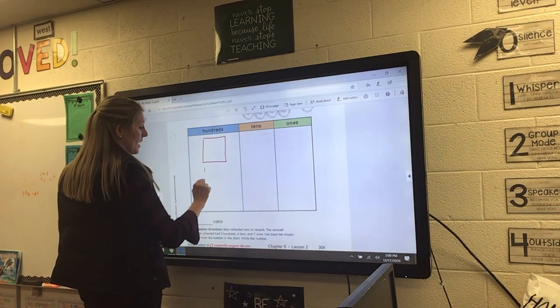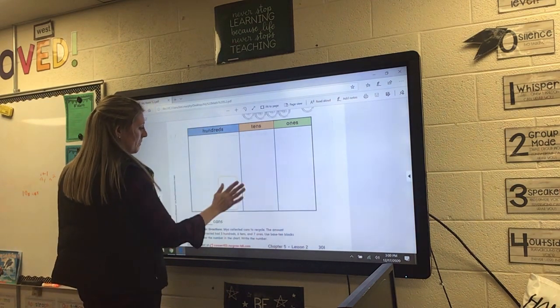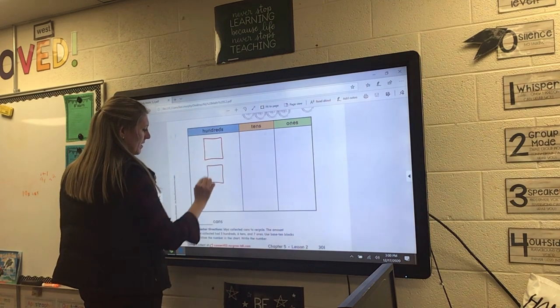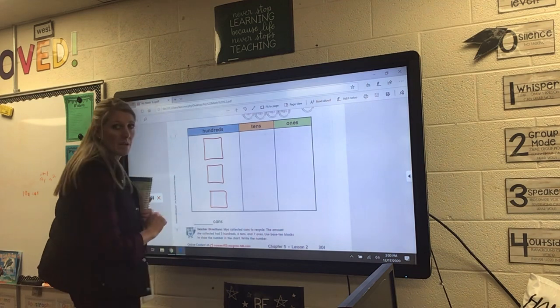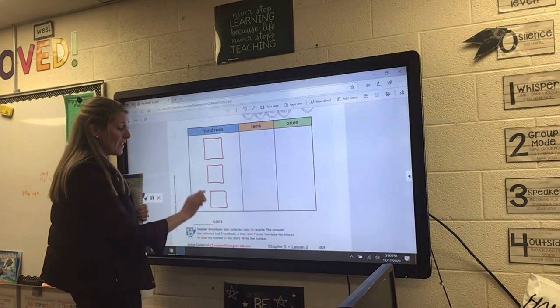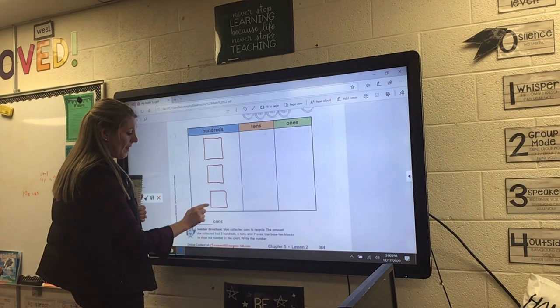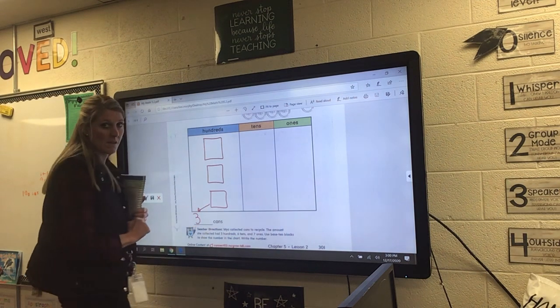Just show me a big square, and Mrs. Murphy's going to try to make hers a little bit more square. Okay, and we know that there's 100 on each one of these. So this is 300. Now, that number is going to go here.